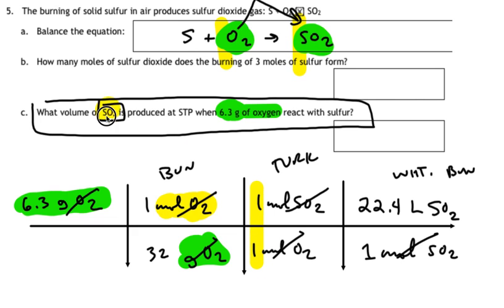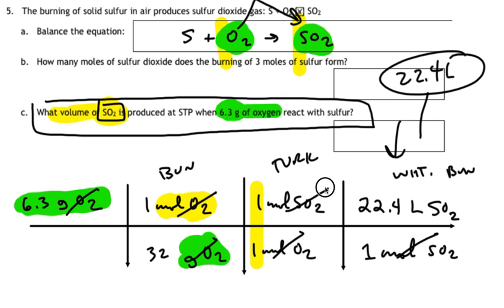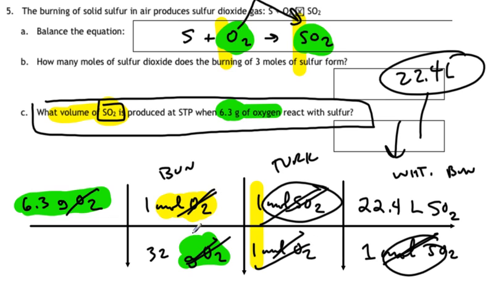Finally, they're asking me volume of SO2. What does that mean I have to put at the end of my grid? I put basically the conversion factor, 22.4 for liters. I drop it in. I make sure it matches. Cancel, cancel, cancel. And boom, that's what I'm talking about.